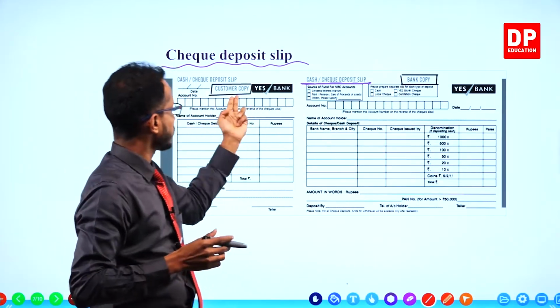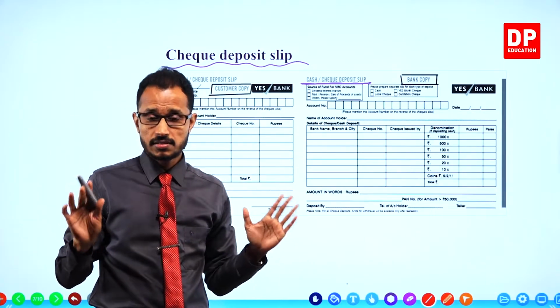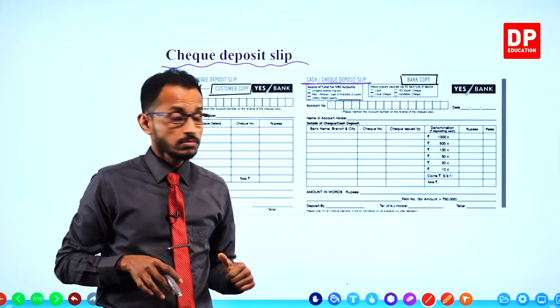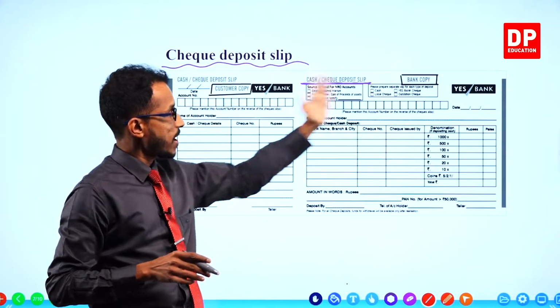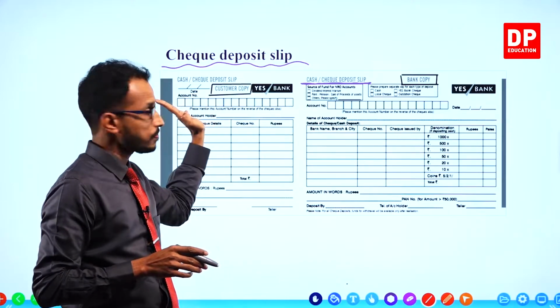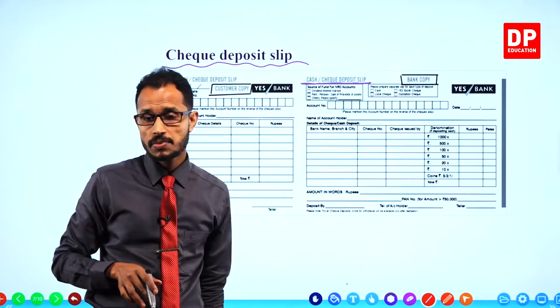But in Sri Lanka, in our country, in practical day-to-day real life, there are no two sides as bank copy and as customer copy, right? There are no two sides separated.